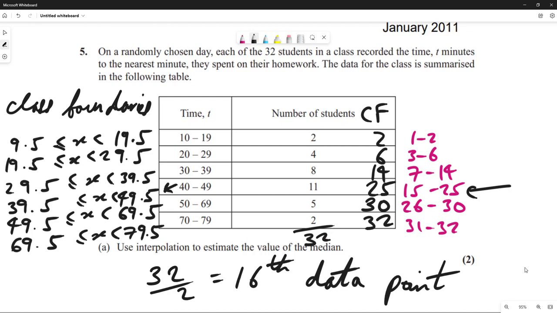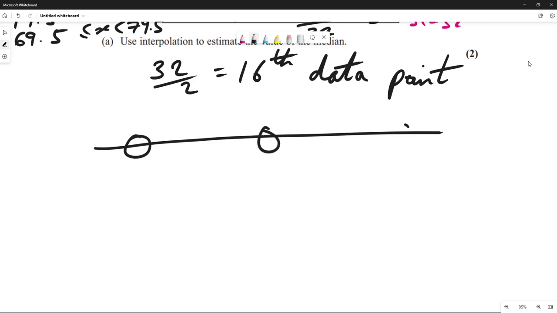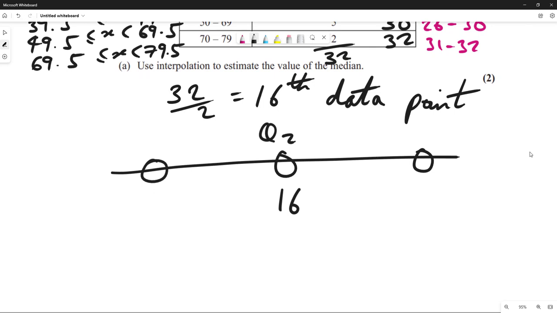So we're going to draw a diagram as before. 3 circles, Q2 on the top, 16 on the bottom, and we need to write the respective lower bound and upper bound. So we said it was 39.5 and 49.5.